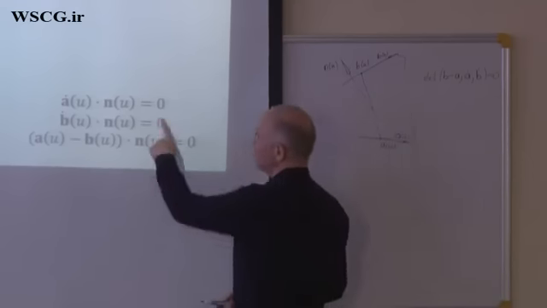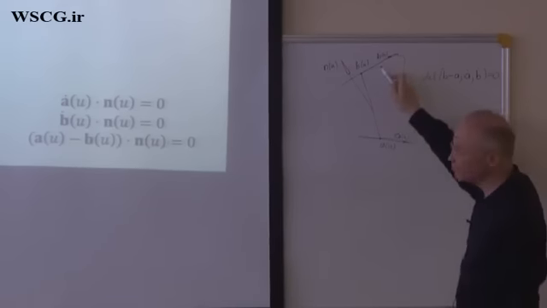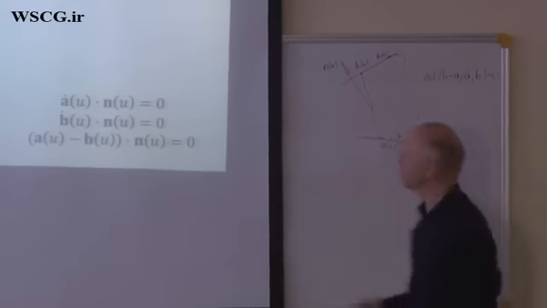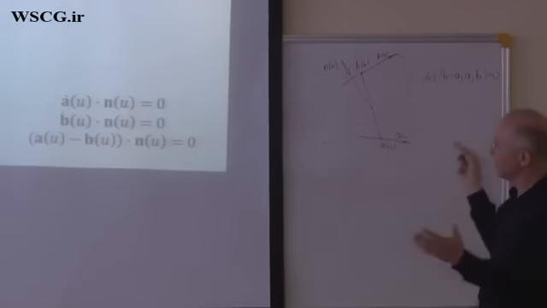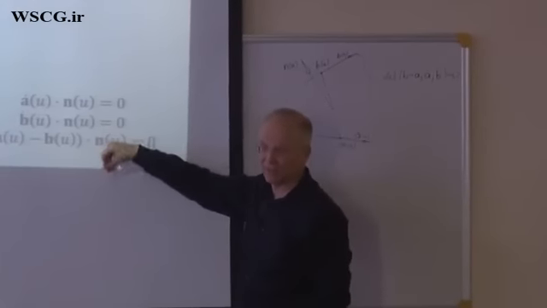This means this n of u has to be normal to A dot, it has to be normal to B dot, it has to be normal to this direction vector A minus B or B minus A. And this is what he writes down. So this is this planarity condition.